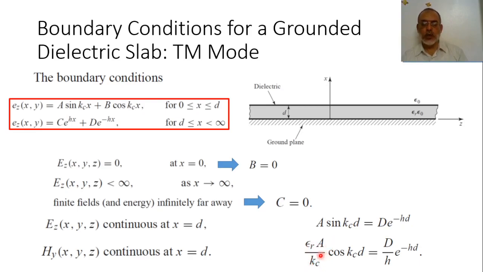So kc over kc squared would be 1 over kc cosine kcd. This would equal d multiplied by minus h over h squared. So this would be d over h e to the power minus hd.